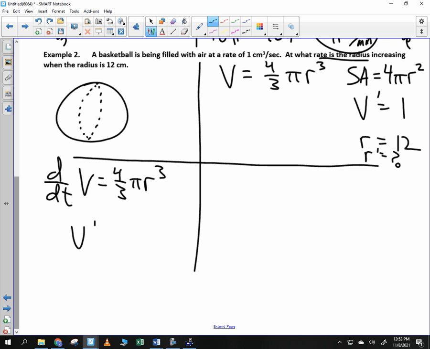Volume prime. Anybody? 4/3 pi r cubed. 4 pi r squared, r prime. You okay?